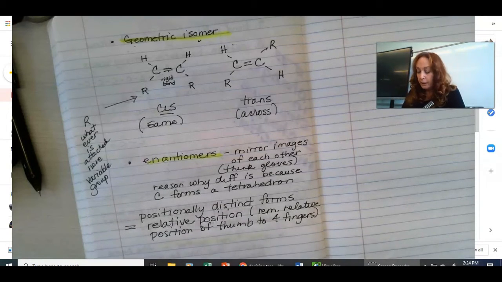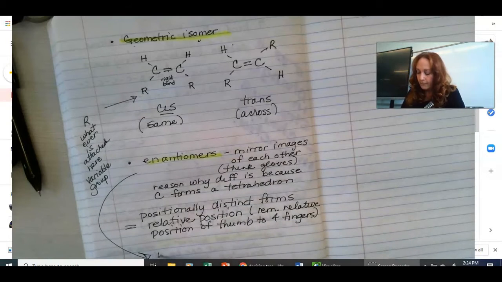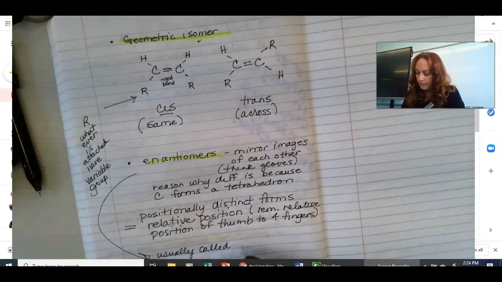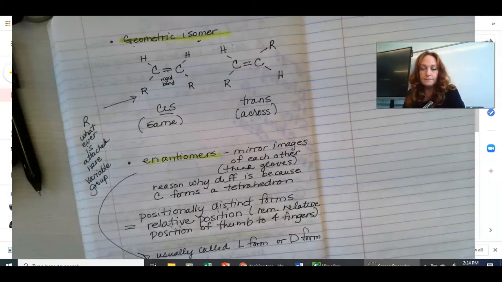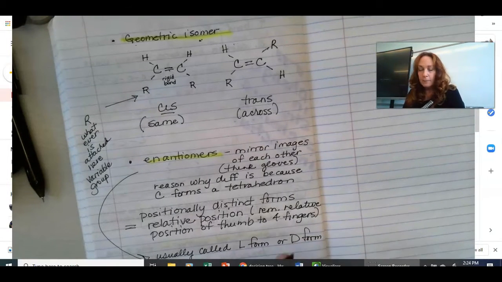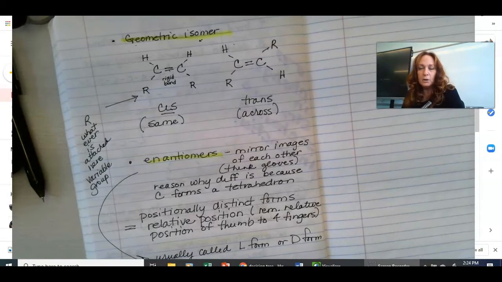They're usually called the L form or the D form. And they'll make both. And for us, only one is biologically active. And the reason is this.